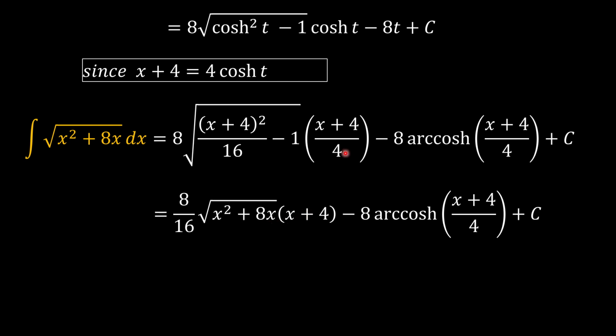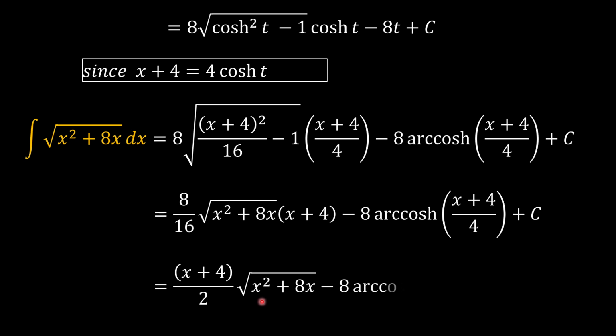Then since we have this x plus 4 here, the x plus 4 remains there, and then we have minus 8 arc cosh of x plus 4 over 4 plus integration constant. Now obviously we can simplify this, and we see x plus 4 over 2 times the square root of x squared plus 8x minus 8 arc cosh of x plus 4 over 4.